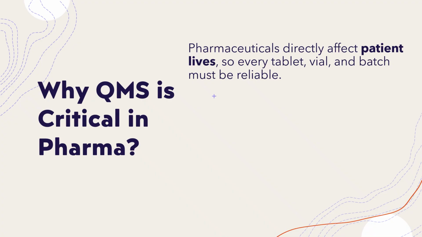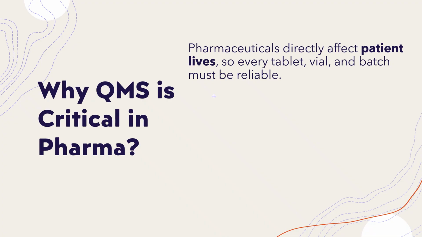There should not be any kind of side effects or negative impact from those products, right? So it is very important to follow the quality management system in your regulated companies, to ensure that your products are safe and as per the respective regulatory guidelines, right?